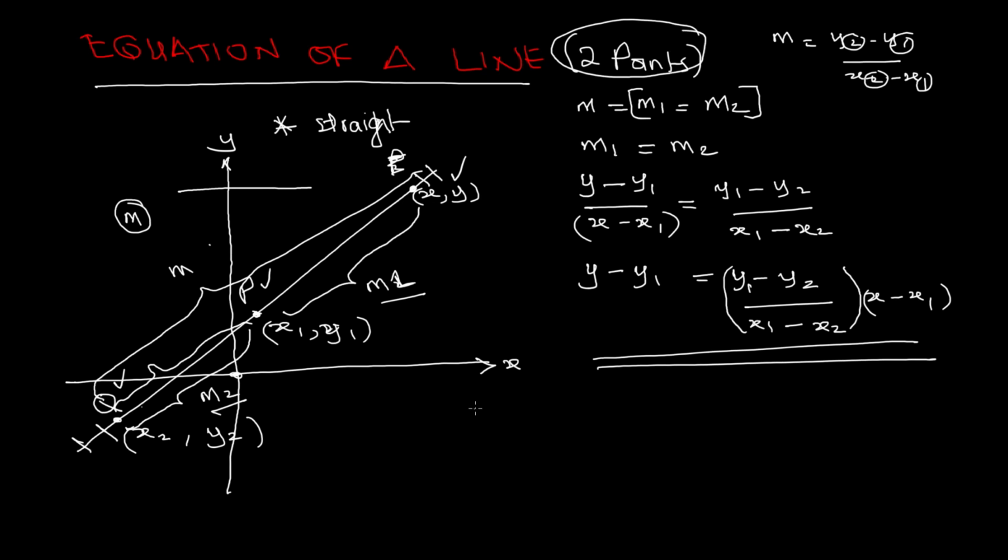Now let's do an example. Looking at it from the positive quadrant, if this point was (2, 8), and this one here was negative, because it's in the negative section, let's say (-2, -4), what would be the equation of that line?